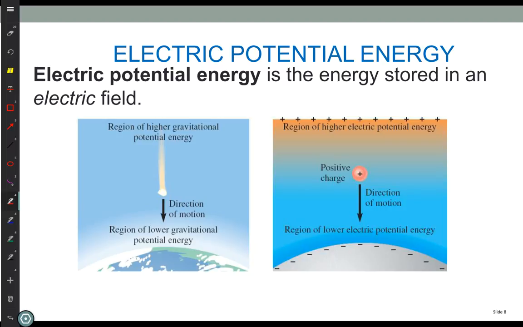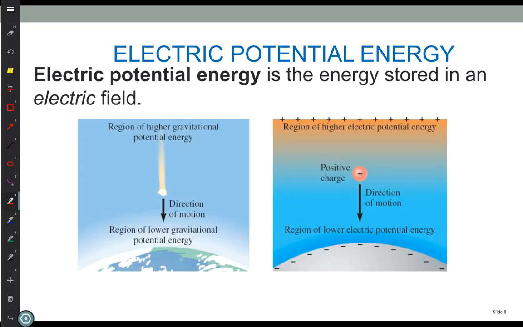For charge, if it's a negative charge, is it going to be lower potential energy going toward positive or going toward negative? Negative charges can have lower potential energy going to positive. What about a positive charge? Will it have lower potential energy going to positive or negative? Negative.